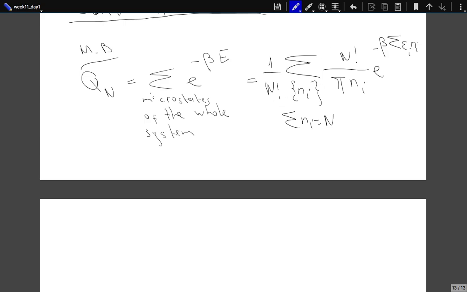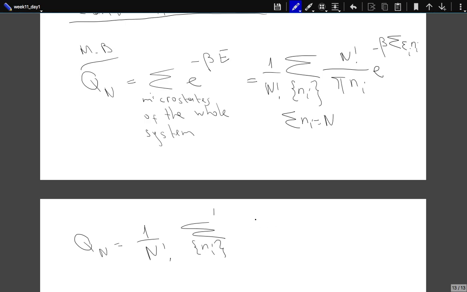Well, let me just keep the n factorials as they are. So Qn is 1 over n factorial, sum over all possible ni values, subject to this constraint. Let me put a prime to denote the constraint.